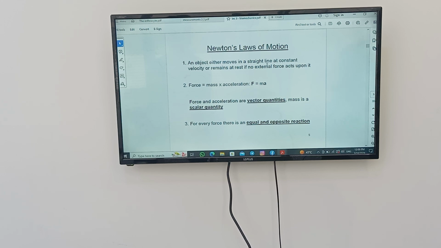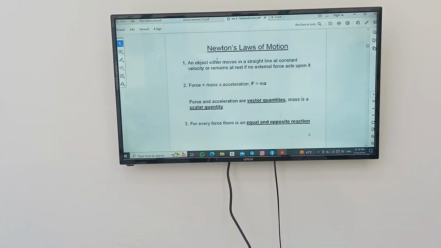Newton's laws of motion. An object either moves in a straight line at constant velocity or remains at rest if no external force acts upon it. So, number one is the general law of Newton. Number two, force equals the mass multiplied by the acceleration.